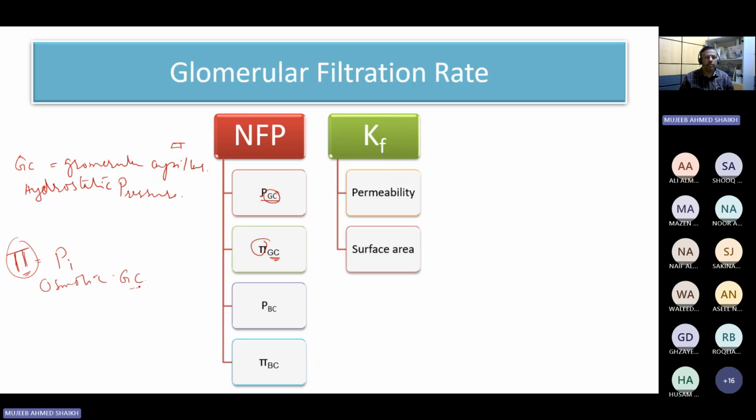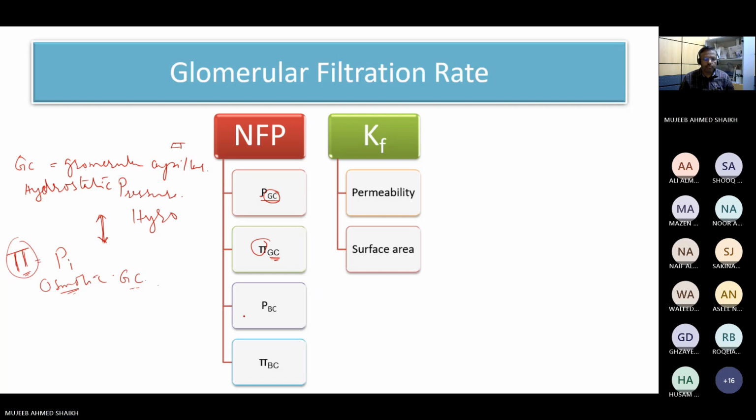So glomerular capillary hydrostatic pressure and glomerular capillary colloidal osmotic pressure are opposite to each other. Whenever we say osmotic pressure, it is the one which is preventing osmosis, that means preventing the filtration.